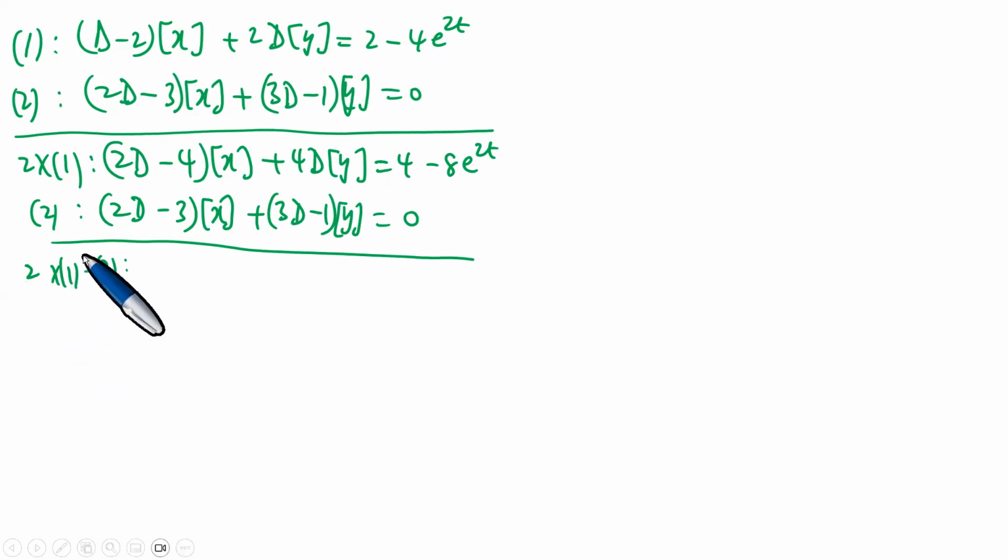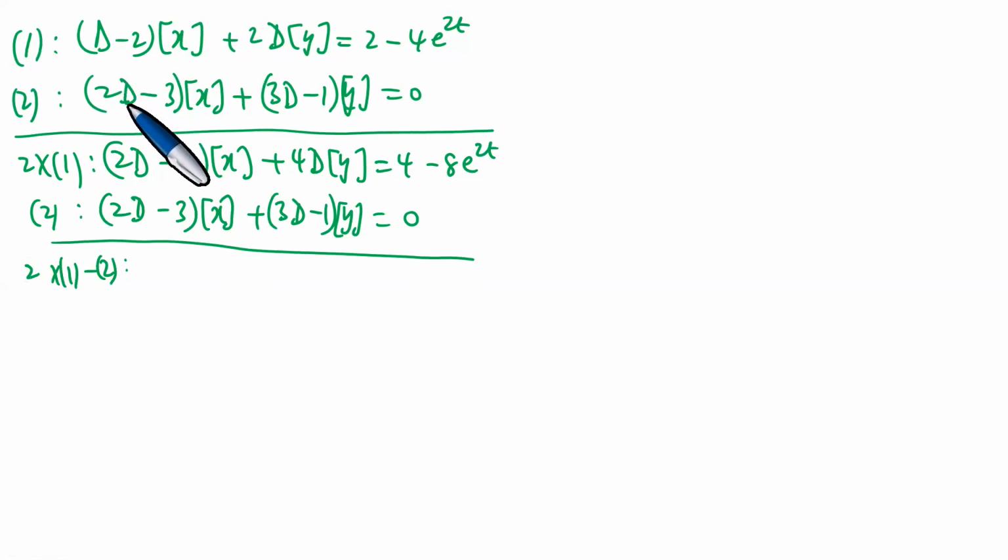I'm multiplying everything by 2 because we want to remove this operator here. We want to remove the operator on x. So we could multiply by -2 still, but I just decided to multiply this one by 2 so that it could have 2d and 2d, and the 2d's can cancel out.